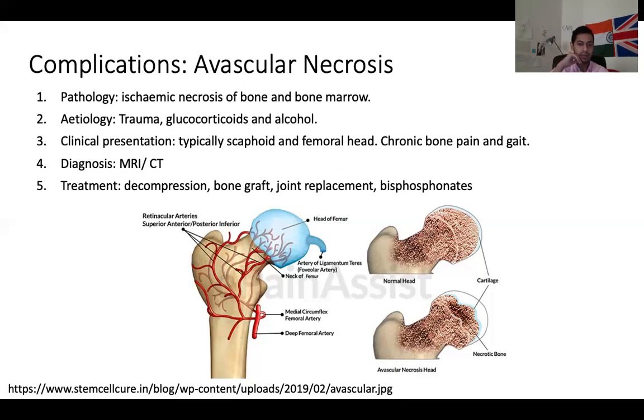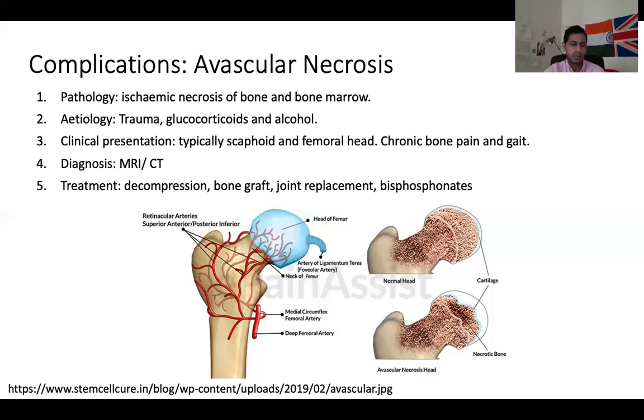You would think that if they had the operation and the fracture was treated, the pain would settle, but sometimes it doesn't subside, and so chronic bone pain for more than 3 months after the operation is a sign that there could be avascular necrosis. And usually this causes a limp, and also maybe restricted movements as well. So yeah, it can cause a limp.